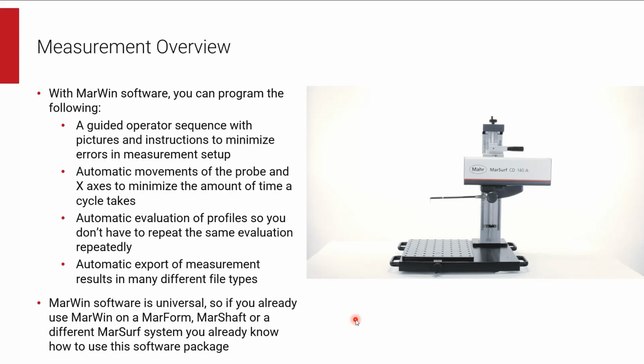So once we see a measurement here, we'll talk about some of the export capability. And Mahr software is universal. So if you already use Mahr on a different type of machine, like a Mahr Surf or a Mahr Form machine and you're already familiar with that software, there's little to no learning curve because it's the same software package.